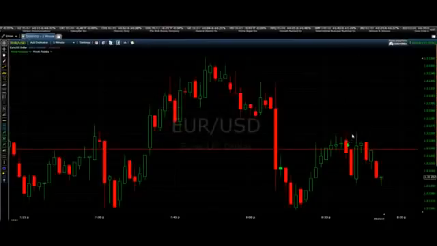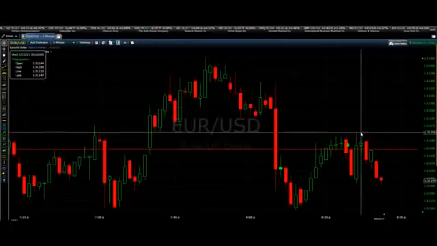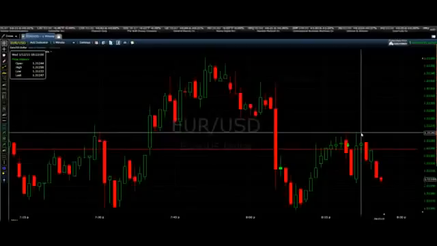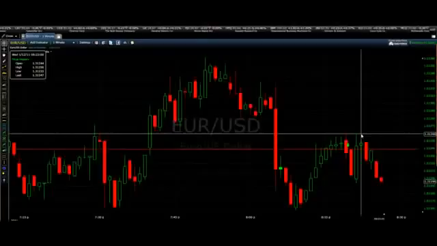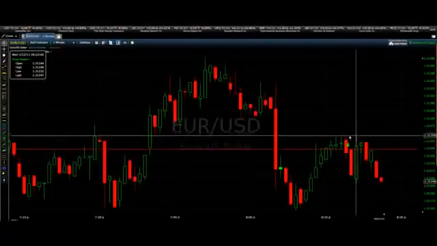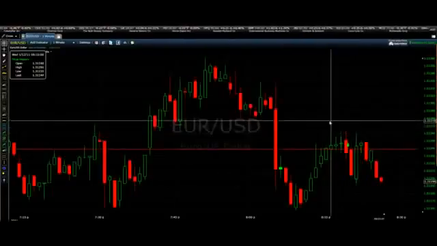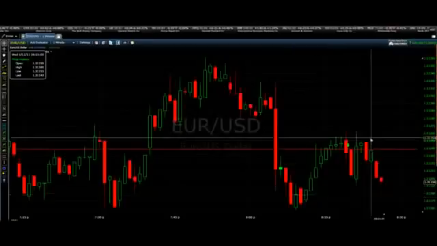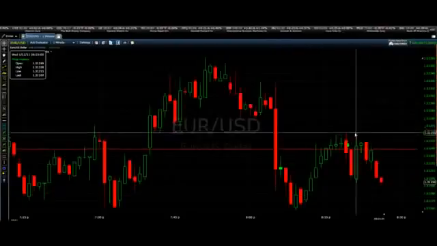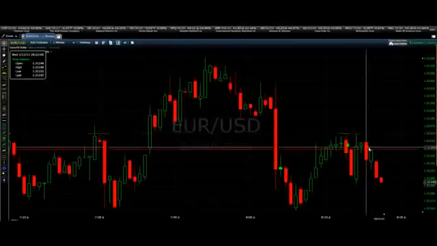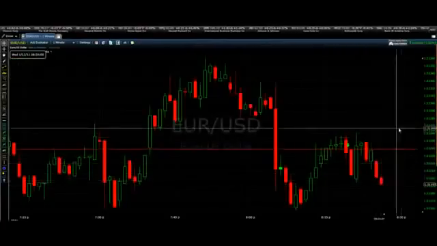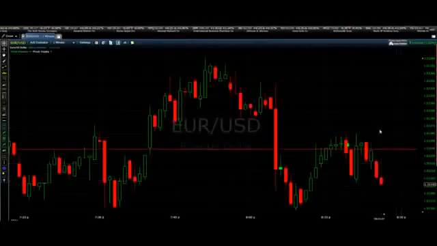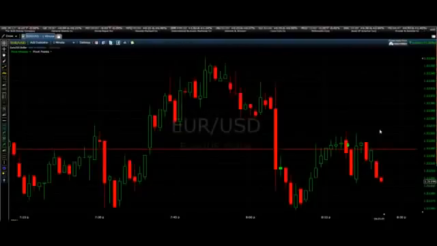However, it's a fake out, because if it does not close over the top of this candle, that means it's likely going to continue down. So that's just one thing to realize, that usually, when you've got the start of a downtrend, it's going to pop back up and test those levels again, which it did, and then again started coming back down. That's just something to think about when you're trading. So we've got about 5 minutes left, and I will come back in just a few minutes and we'll see how this thing is progressing.